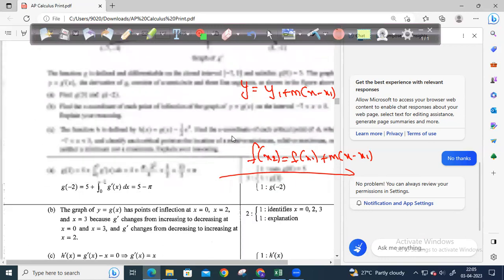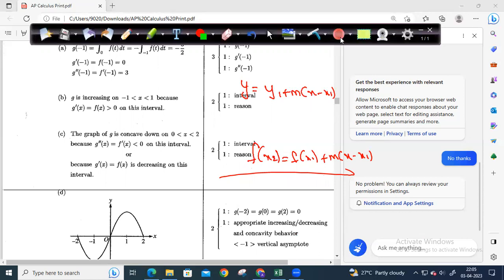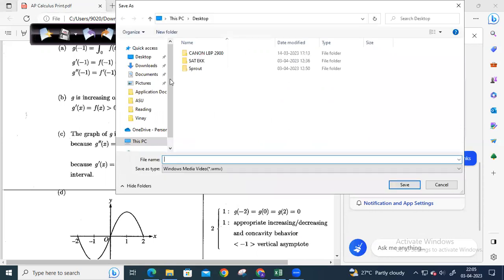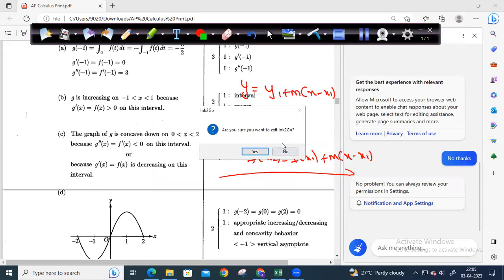So then integration will start. Tomorrow I'll see you. Just hold on. First, let me start with... I think I did not save so far. Okay, no problem.